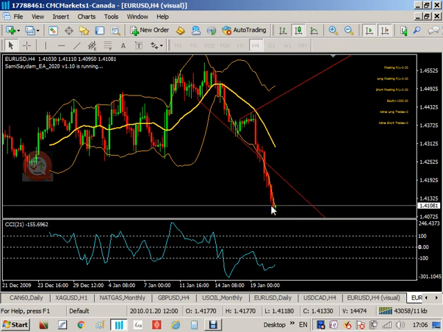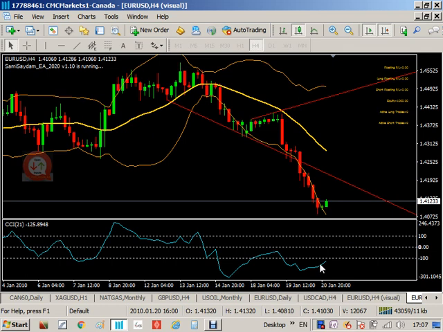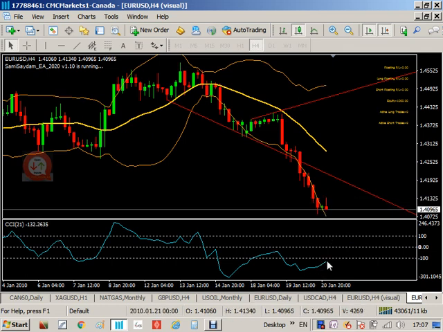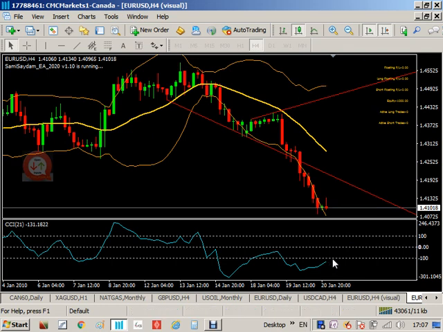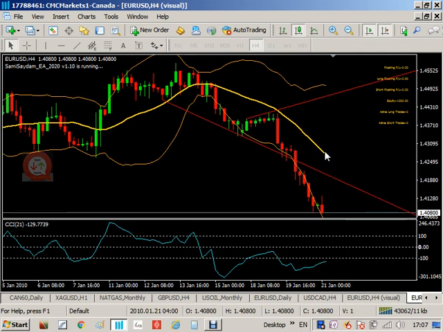Each bar is 4 hours, as you see. Now, when can I take my profit? Here I also added the Bollinger Band, this is the second indicator.